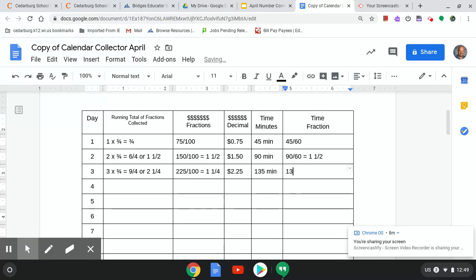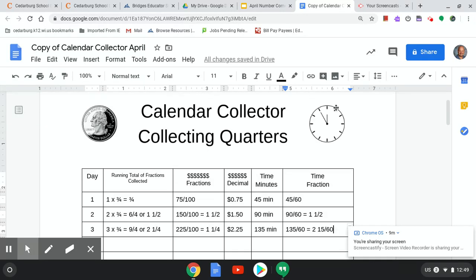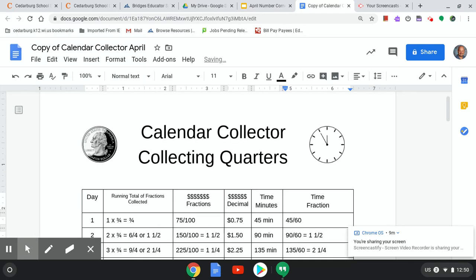Well, I have 135/60ths, or 60 goes into 135 two times, with 15/60ths left over. We can't leave it as 15/60ths, but if I look at my clock, 15 minutes is a quarter of an hour, so I can change that to 1/4, and there we go.